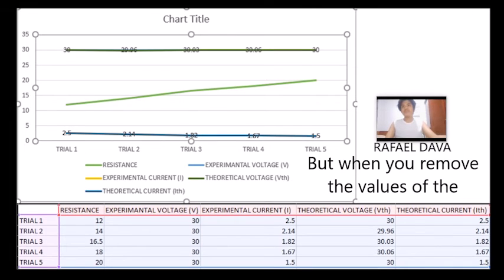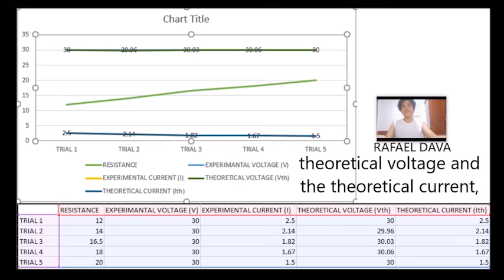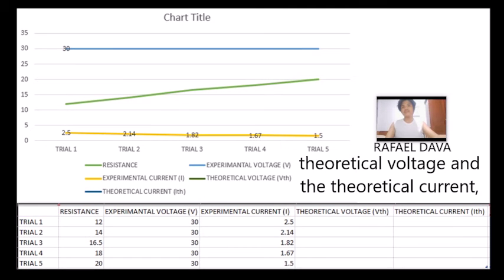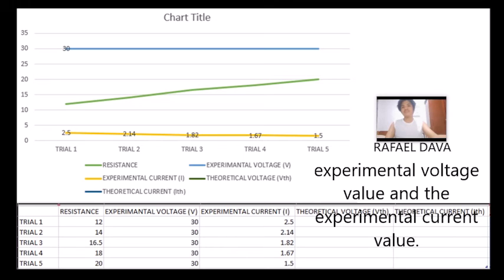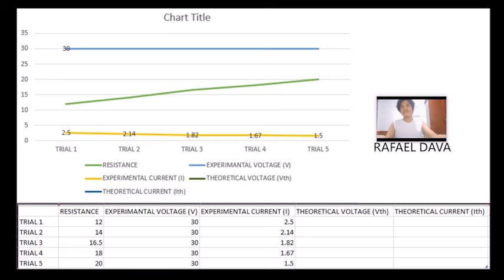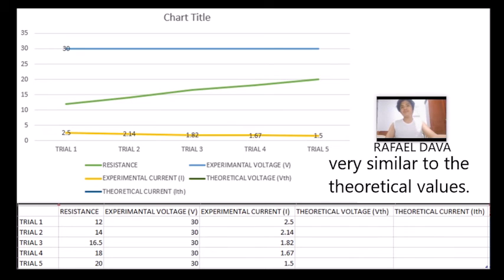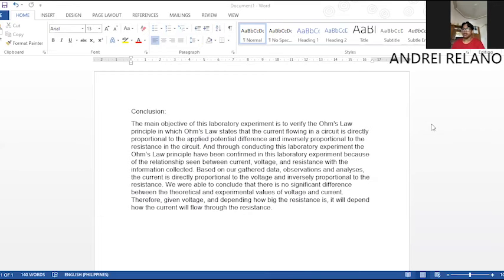But when you remove the values of the theoretical voltage and the theoretical current, we can see the experimental voltage value and the experimental current value, which is, as I said, very similar to the theoretical values.